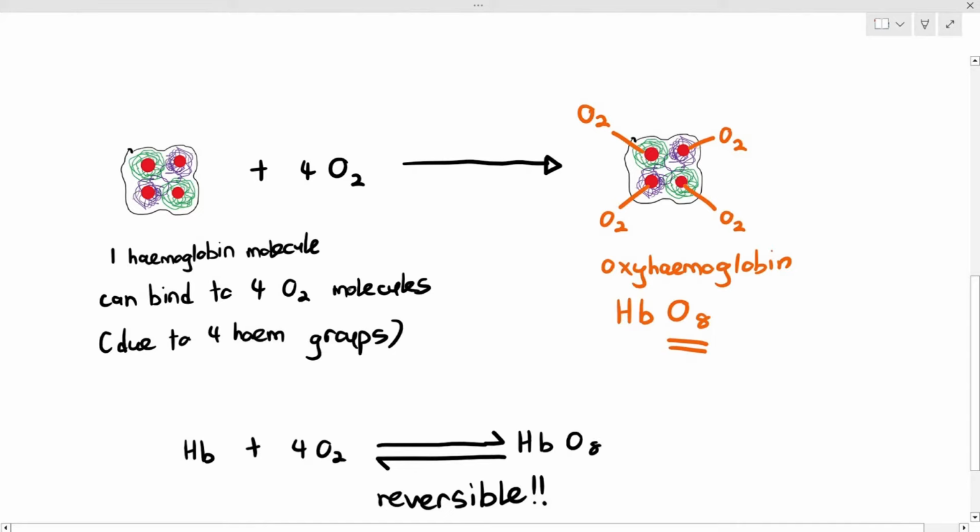So let's talk about hemoglobin. The weird thing about hemoglobin is the fact that it has a duality. Now, what do I mean by a duality? A duality is when it has 2 properties that are opposites of each other. Okay, so let's talk about this duality that hemoglobin has.